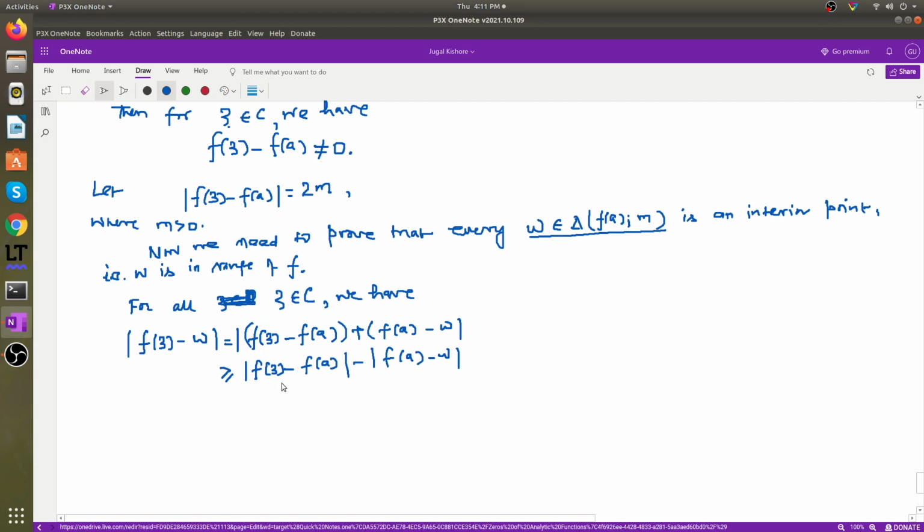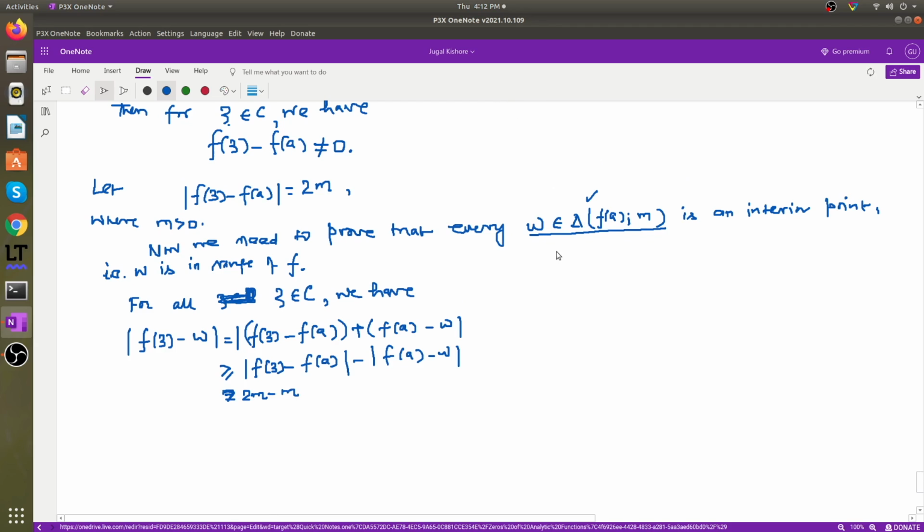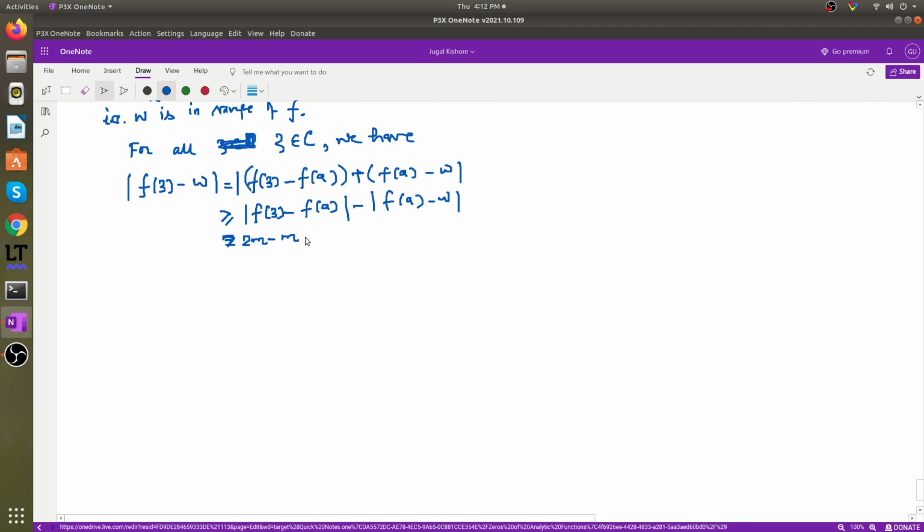We know that the modulus of f(zeta) minus f(a) is equal to 2m, and f(a) minus w is the distance of f(a) from w. So overall this number is greater than m, and we know that m is greater than the modulus of f(a) minus w.